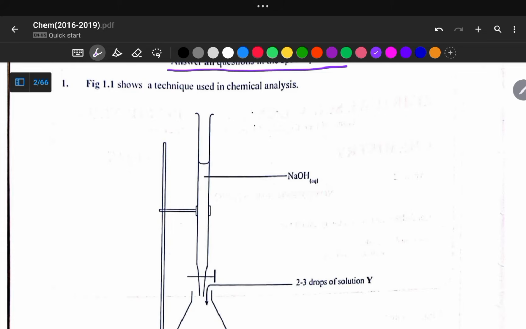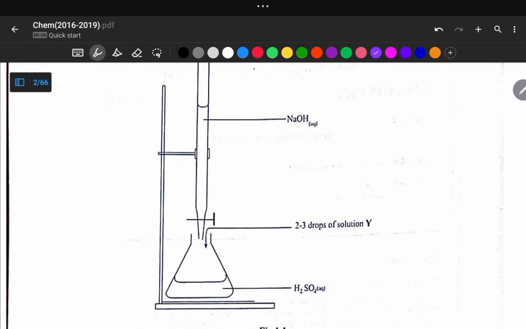In this lesson we will cover the basic setup, the key steps, the indicators, and how to calculate concentrations using standardized solutions. That's what you need to know for titration. Here we're given sodium hydroxide and sulfuric acid, and we are told to add 2 to 3 drops of solution Y.